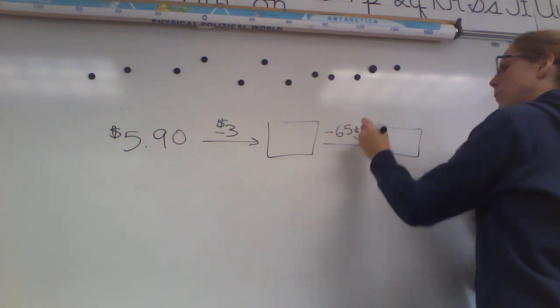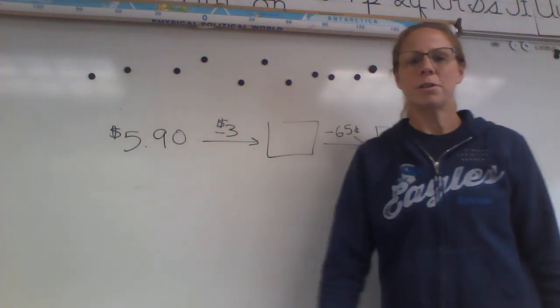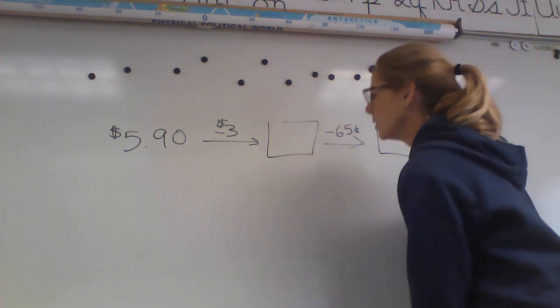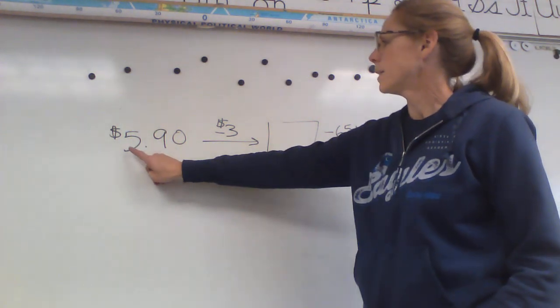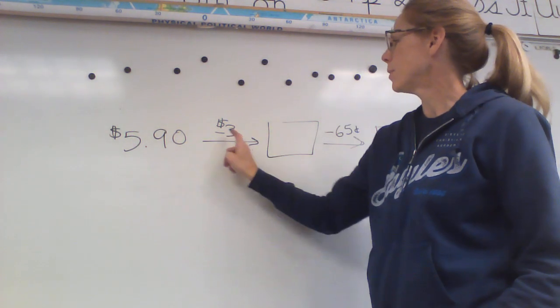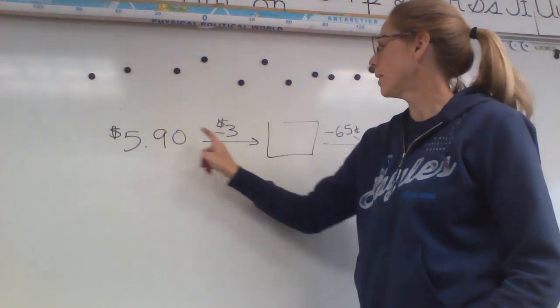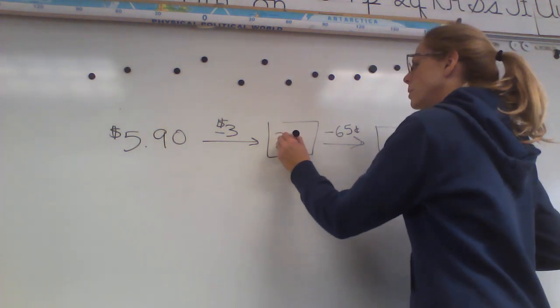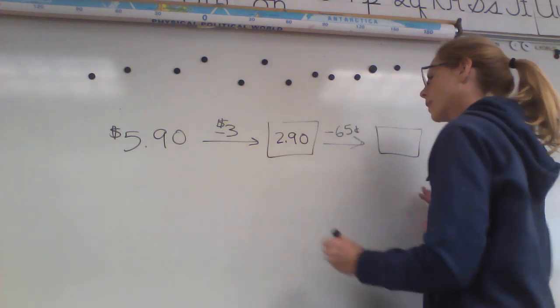So they've broken it up into parts for you so you can try and do it in your head. Okay, so if we take the 5, because this is $5 minus the $3, we get 5, take away that 3 is a 2. So we'd end up with $2.90.